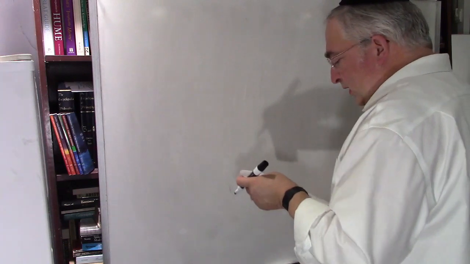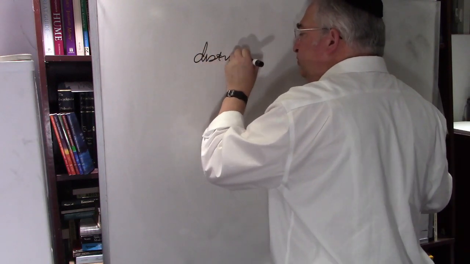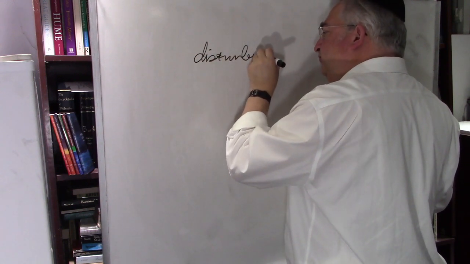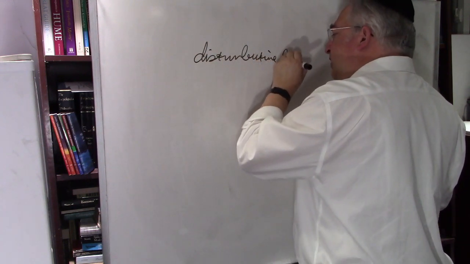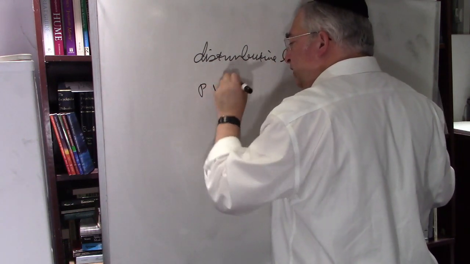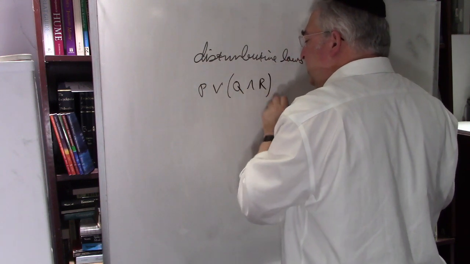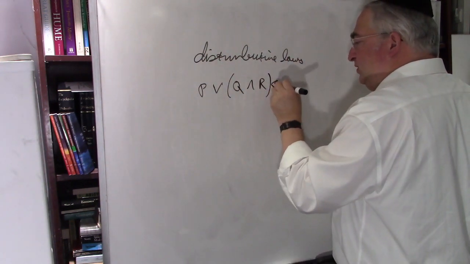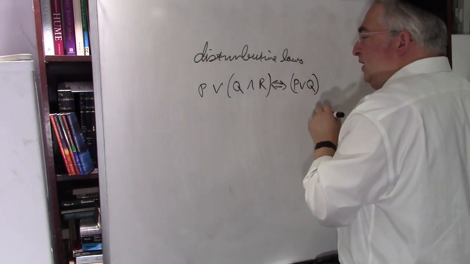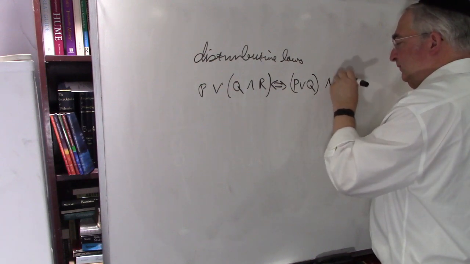There are distributive laws. How does it go? It says P or (Q and R) is logically equivalent to (P or Q) and (P or R).